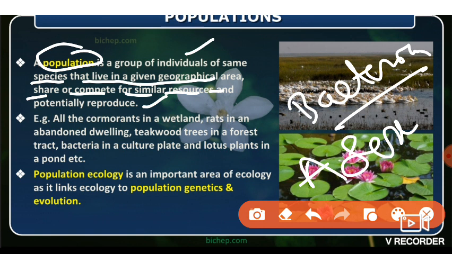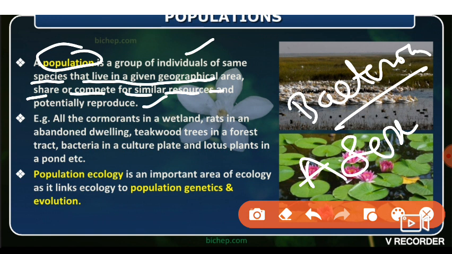That also comes under population. Not only sexually reproducing organisms, but asexually reproducing organisms also come under population. Just to study ecology and everything, we are including all those things.